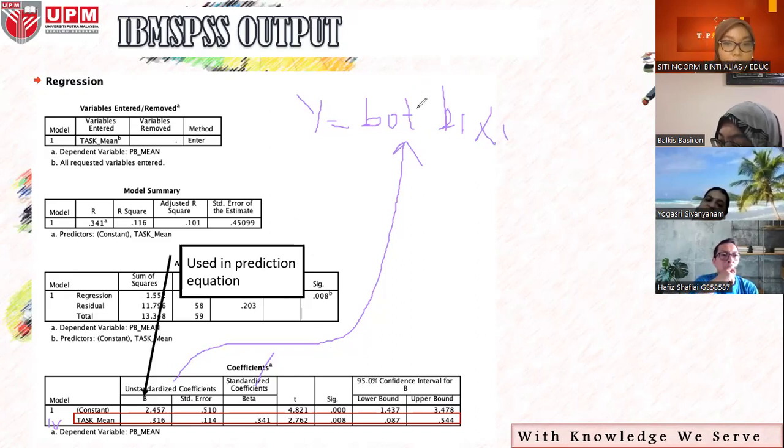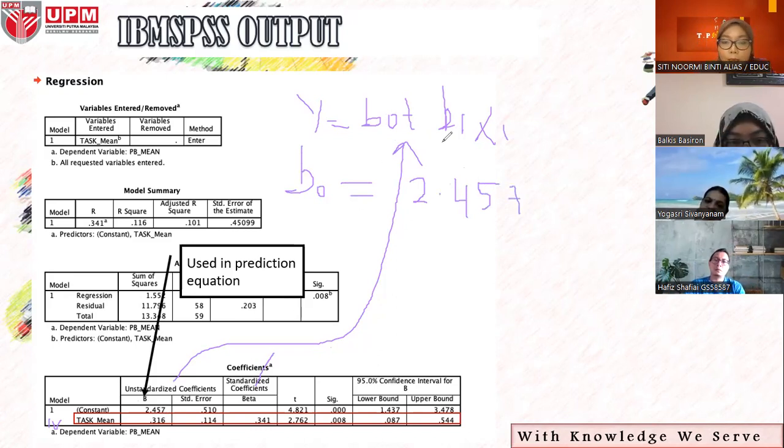Okay, so constant, B naught equals to 2.457. This is the B naught. B1 equals to 0.316. Okay.